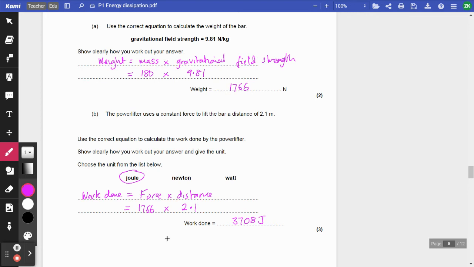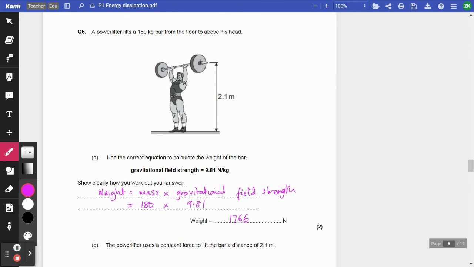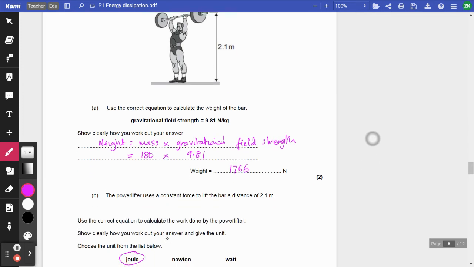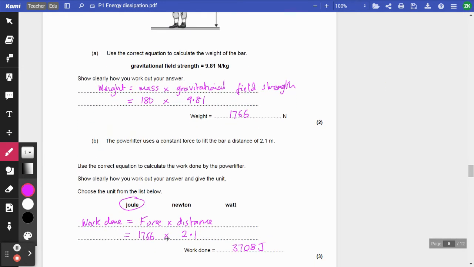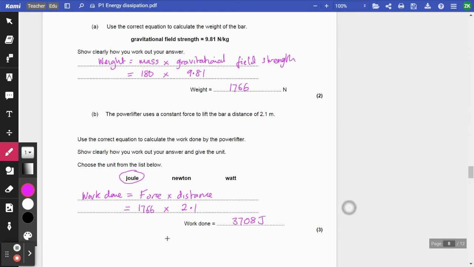The force in this scenario, because the object is being lifted vertically upwards, is countering the weight, so that will be the weight: 1766 times 2.1, and that is 3708. Work done is energy transfer, so that's in joules.